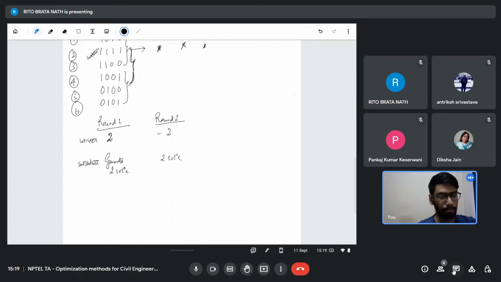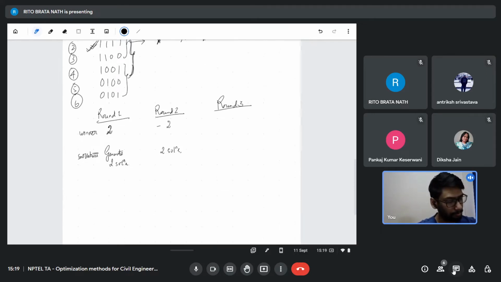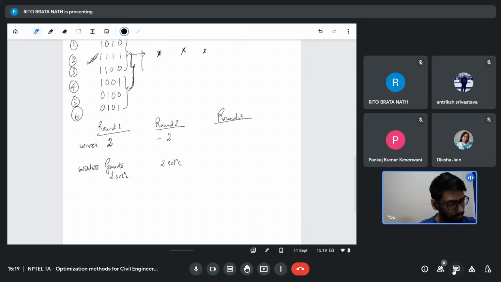And suppose you want the population size to be constant, like you had six, you want to generate six solutions. So you will play three rounds here in order to get six solutions. So here also, suppose you pick this one, maybe this one and this one, then also this 1111 will win that round.